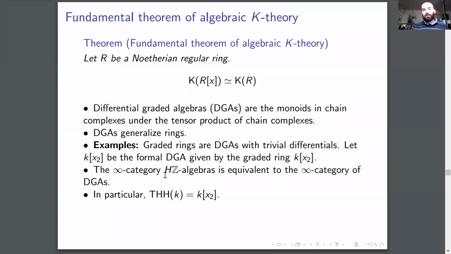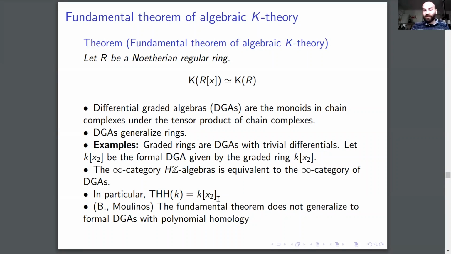So, HC algebras in spectra, algebras over the Eilenberg-MacLane spectrum, is equivalent to the infinity category of DGAs. In particular, THH of K corresponds to the formal DGA with homology KX2, the formal DGA coming from this graded ring.